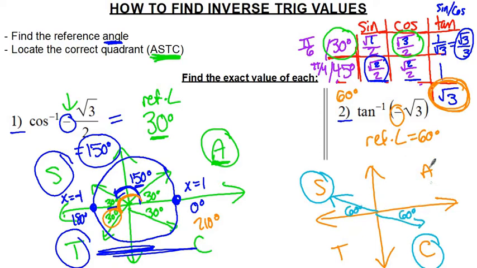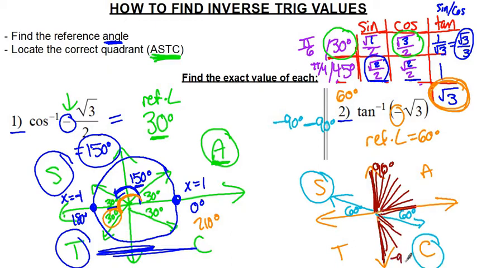And the question is, which quadrant gives us inverse tangent? What's the domain of inverse tangent? And the answer is you can plug in anything to inverse tangent from negative 90 to positive 90, because tangent goes through its whole range of values from up here at 90, where it's a vertical slope, and then the slope keeps going like that, and then down here it's back to undefined, and that's negative 90.